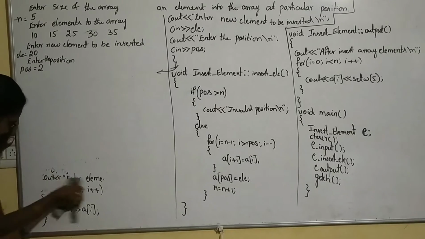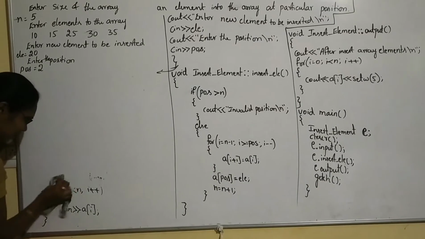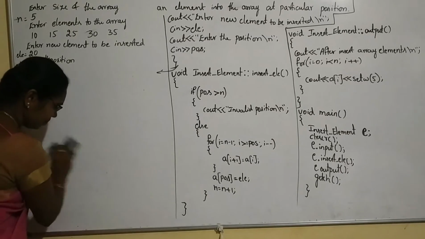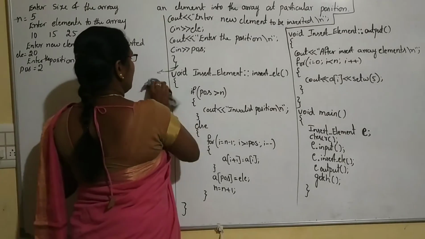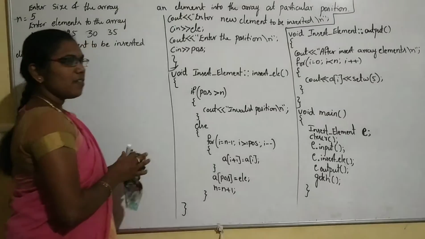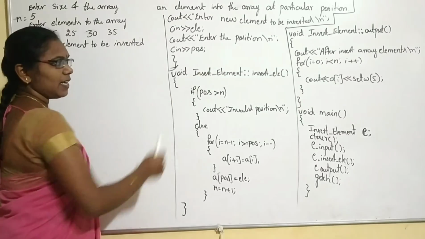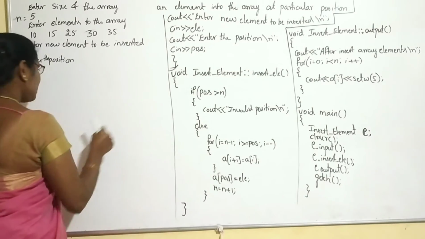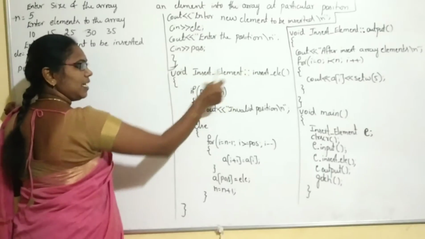So inside, you know how the input function is executed and reads the variable values in our class. Now we trace how the insert element function will be executed. What is the first statement in the insert ele function?